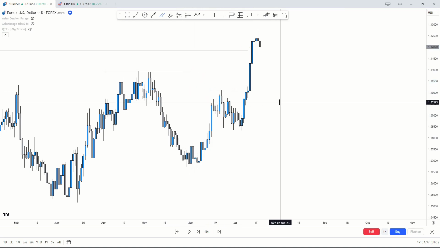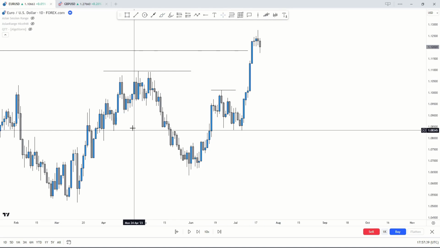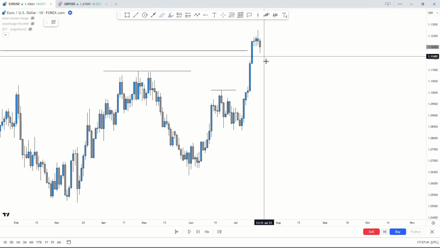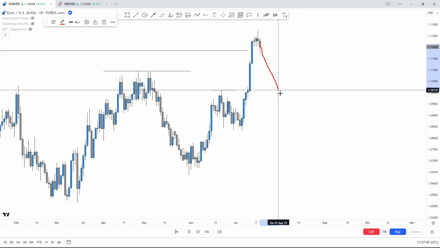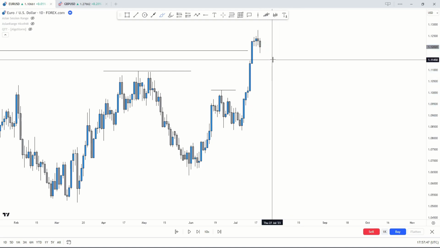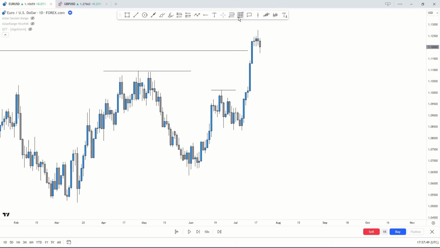So now that we've seen that, of course, I can shape my bias in a bearish manner, because on the middle time frame we're expecting retracements in towards these levels. So what I like to do now on the daily is see where price is going to potentially retrace to. I like to make these little reference points of where I think price is going to retrace to.